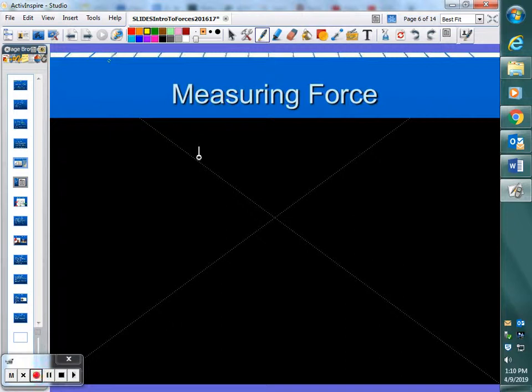Let's go with mass, just the object itself, because friction is another force, and that gets us into multiple forces acting on an object. But if we apply the same force to 2 objects, they won't necessarily accelerate at the same rate because we have to take into account the objects themselves.